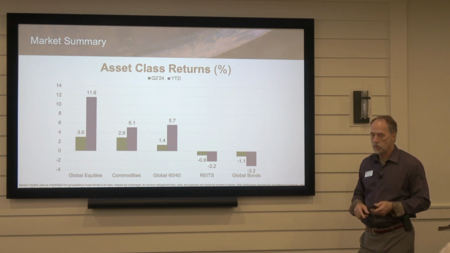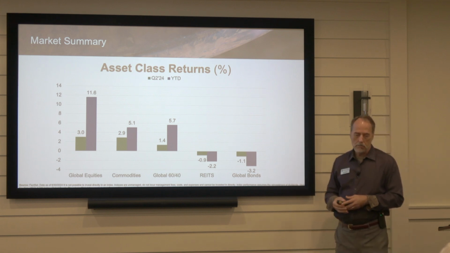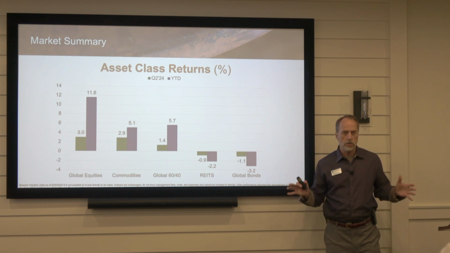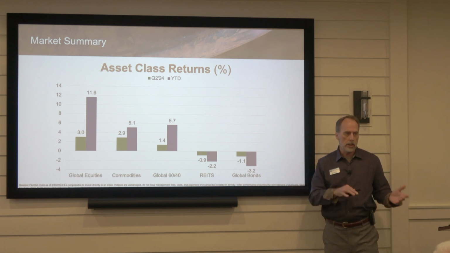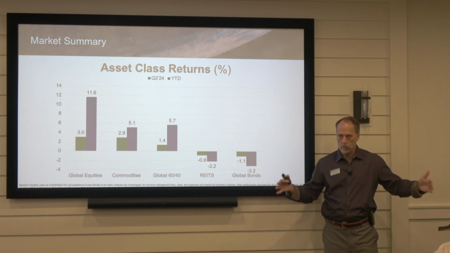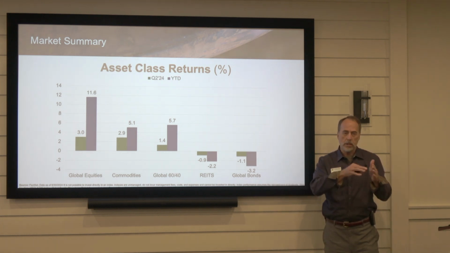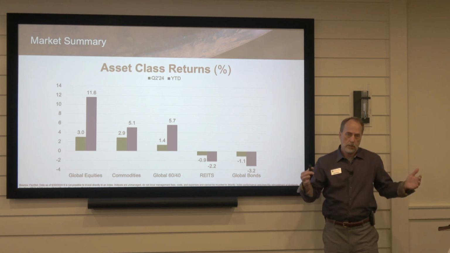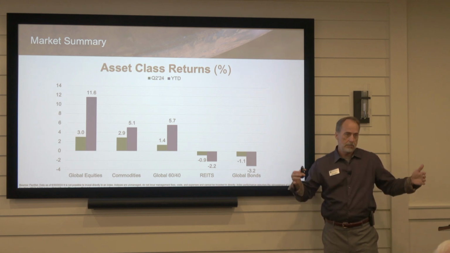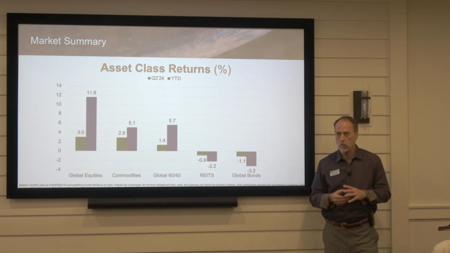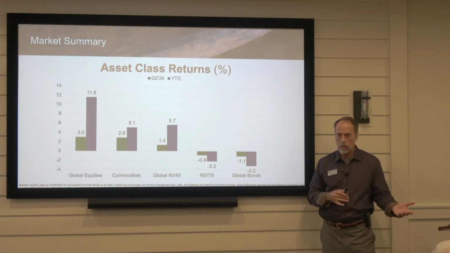And then global bonds. Global bonds, I think everybody's heard me talk about the fact that we're currently in a secular bear market for bonds. Now again, what is a secular market? Secular markets tend to last a decade, 2 decades, 3 decades, 4 decades, depending on whether you're talking about equities or bonds.